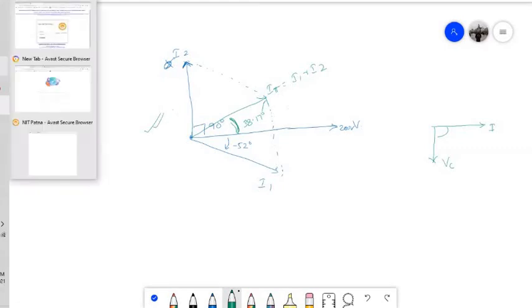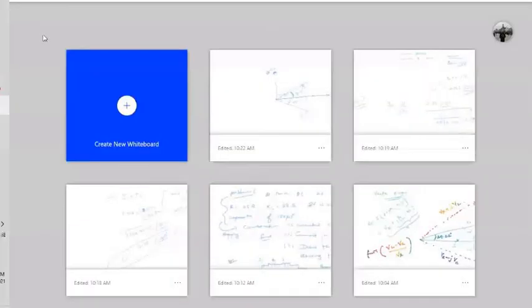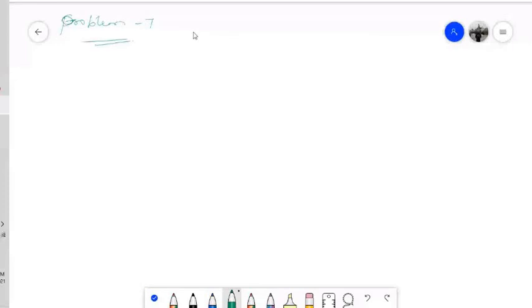Now the last problem, I will try to complete this and then I will try to answer if there are any questions. Parallel RLC circuit.